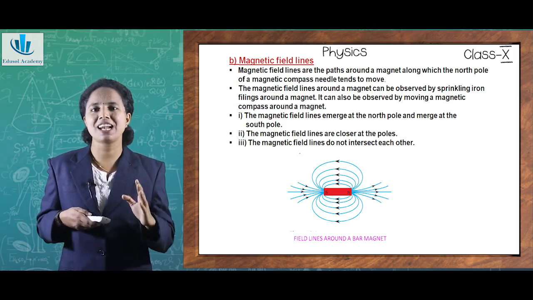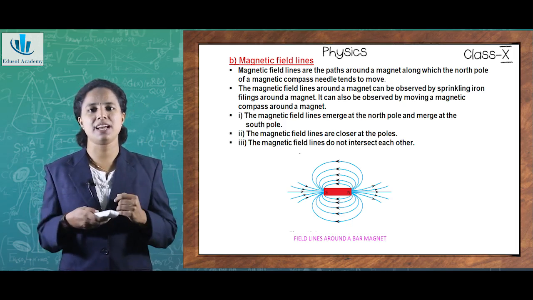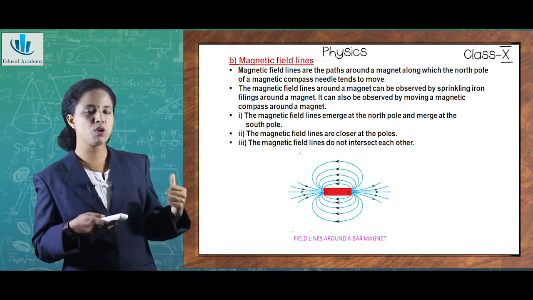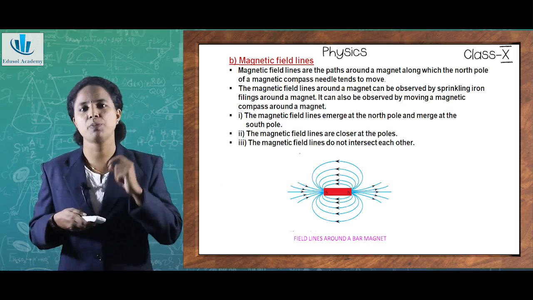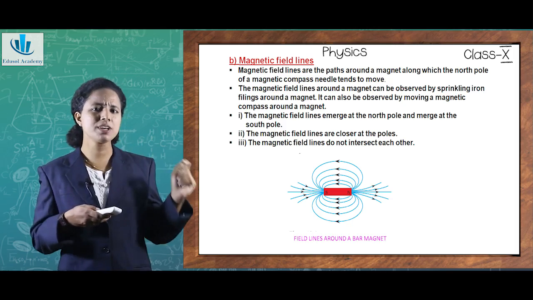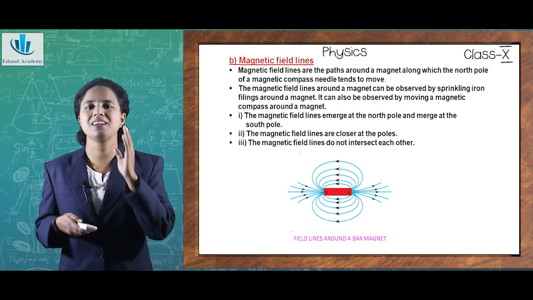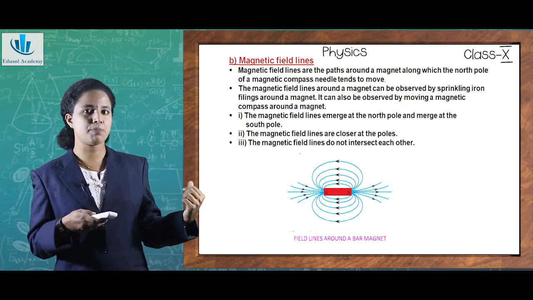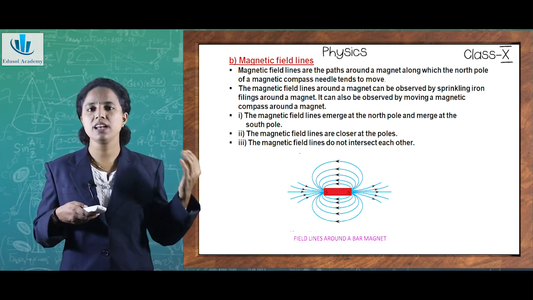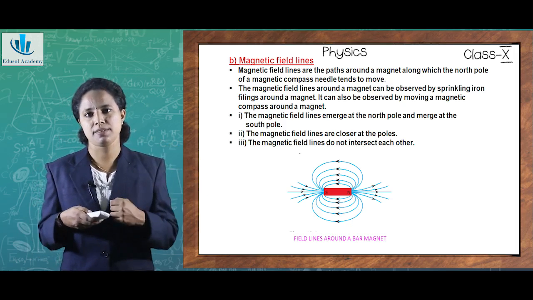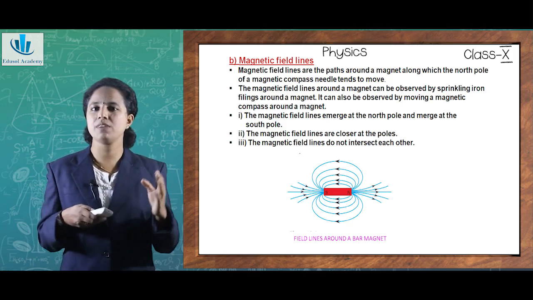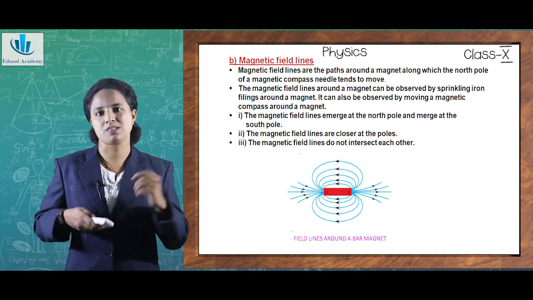The field lines follow a convention that they start from the north pole and end at the south pole. You can also see that the field lines are closer at the poles than they are near the rest of the magnet. So the magnetic field lines are always closer at the poles.